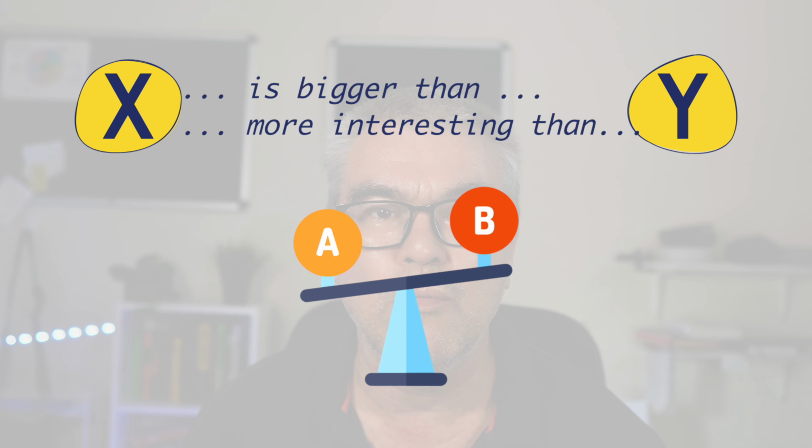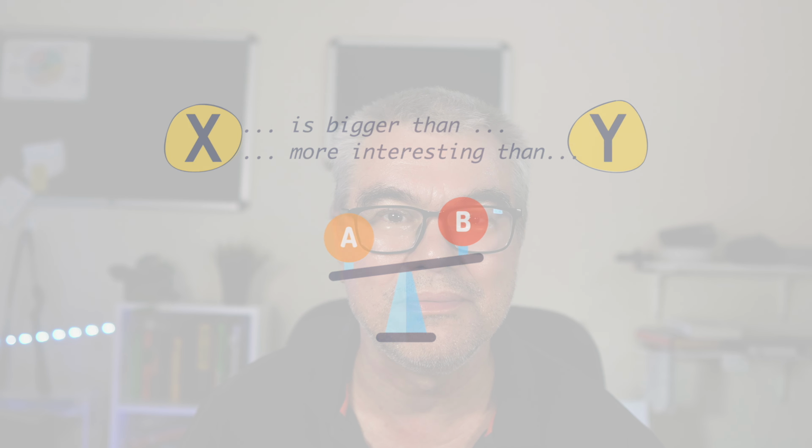So this is quite a wide area. My recommendation is that you focus on the 2 easiest ways to make comparisons. That is using regular comparisons, X is bigger than Y, X is more interesting than Y. I'm sure you know those.